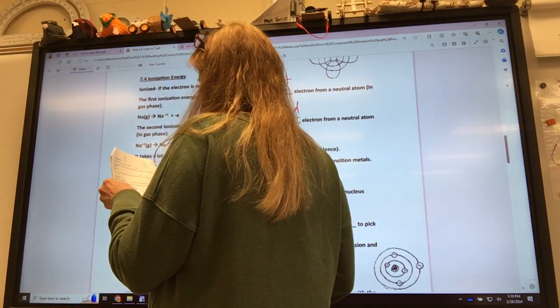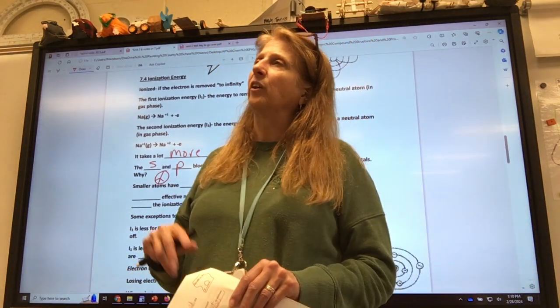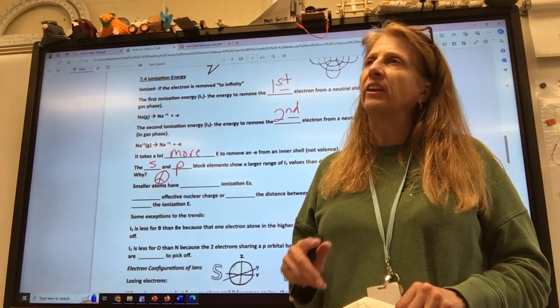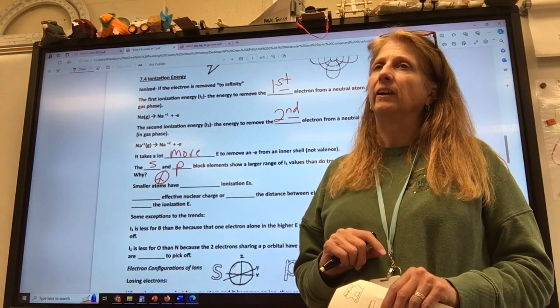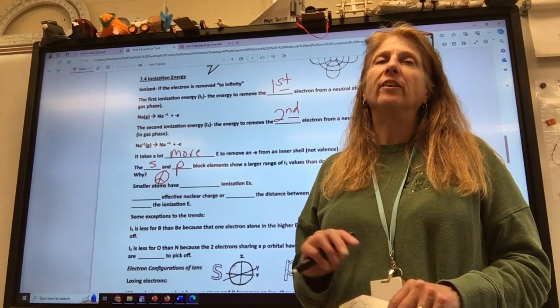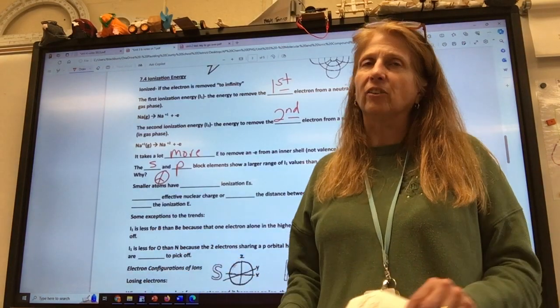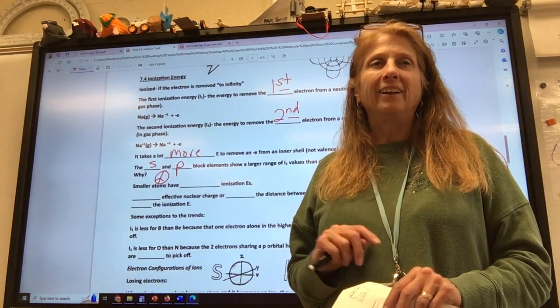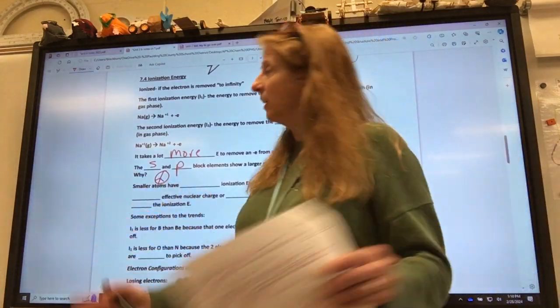Okay, smaller atoms. Would it be easier to take an electron, do you think, from lithium or cesium? Which one's going to be harder to get? Is it easier to kidnap a kid from a family of 7 kids or 1 kid? 7, right? So these are our kids, and they're kind of going to get lost.